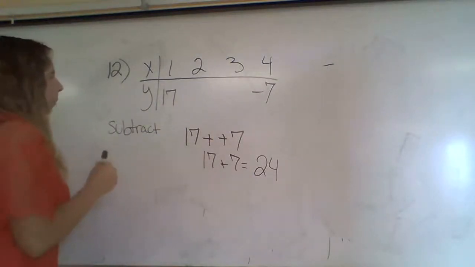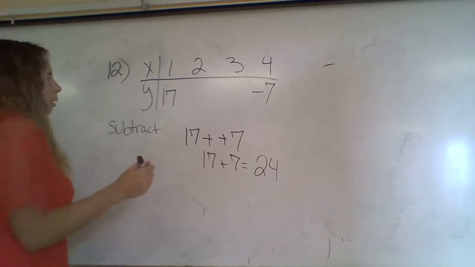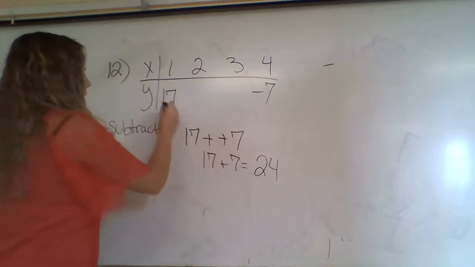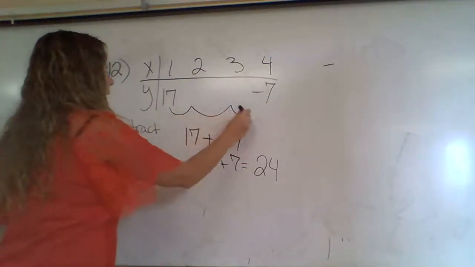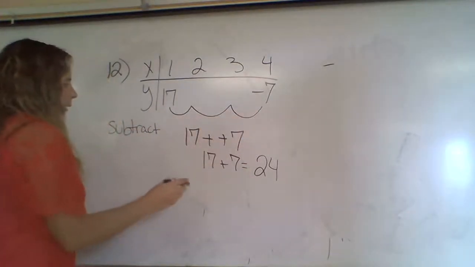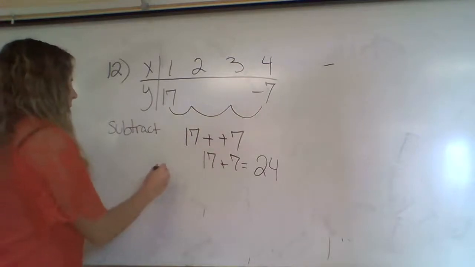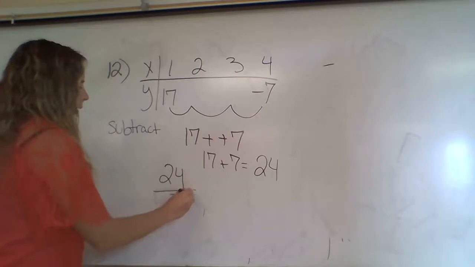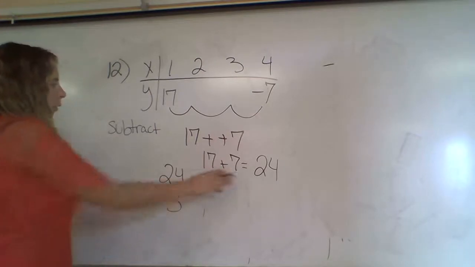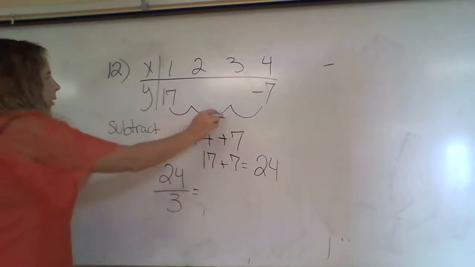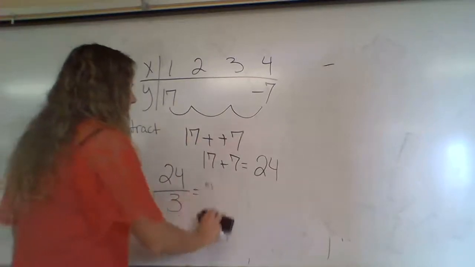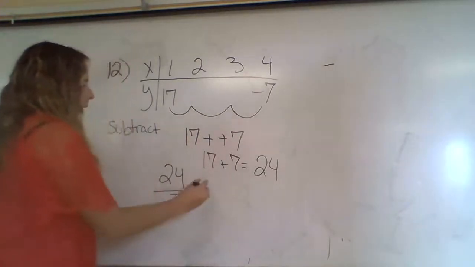Now, your next step is how many jumps. I know that from 17 to negative 7, I've lost $24, but it's over 1, 2, 3 jumps. So you take 24 total, and there are 3 jumps, so you divide by 3. 24 divided by 3 is 8.